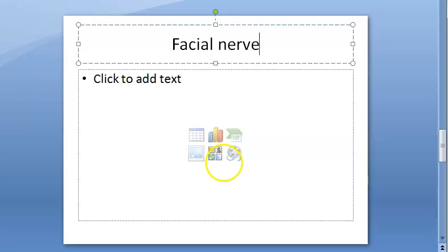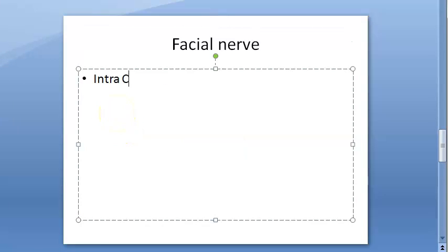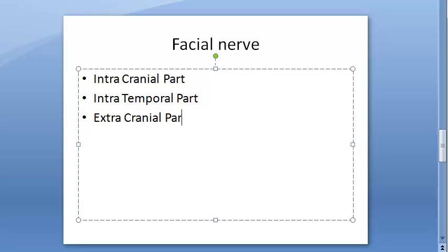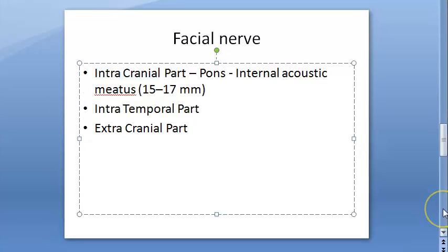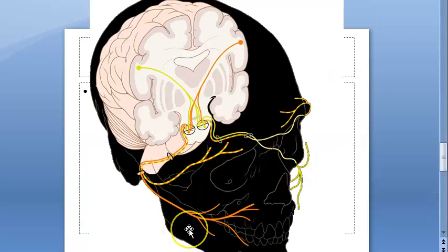So the facial nerve has three parts. You have the intracranial part, that is within the skull. Then you have the intratemporal part. Then you have the extracranial part. Okay. So intracranial is from the pons to the internal acoustic meatus. Where is this? Let us look at this.